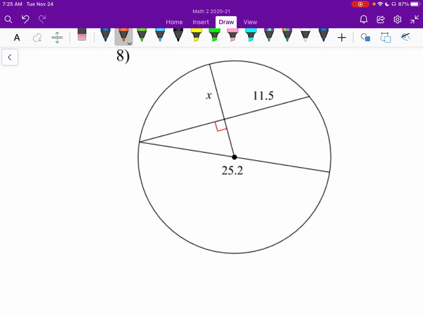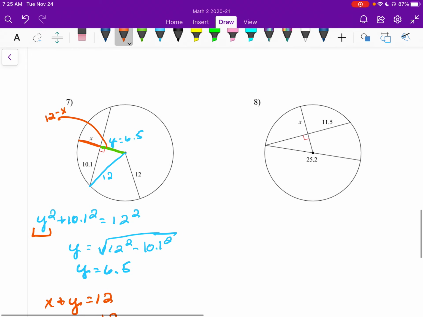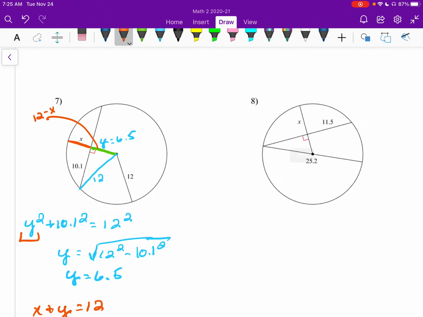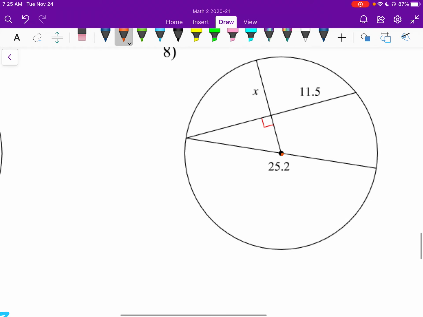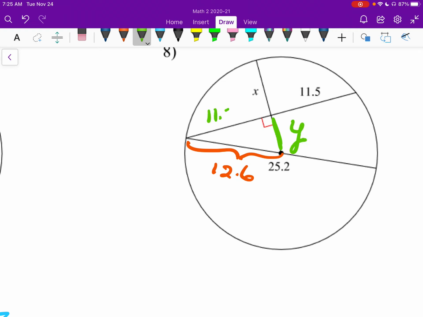Number 8. I think this is going to work just like number 7, except the radius is already drawn for us. So the radius is going to be half the diameter, so 25.2 divided by 2 will give me 12.6. I'm going to need to find this piece, I'll call it y, and the other piece is 11.5.